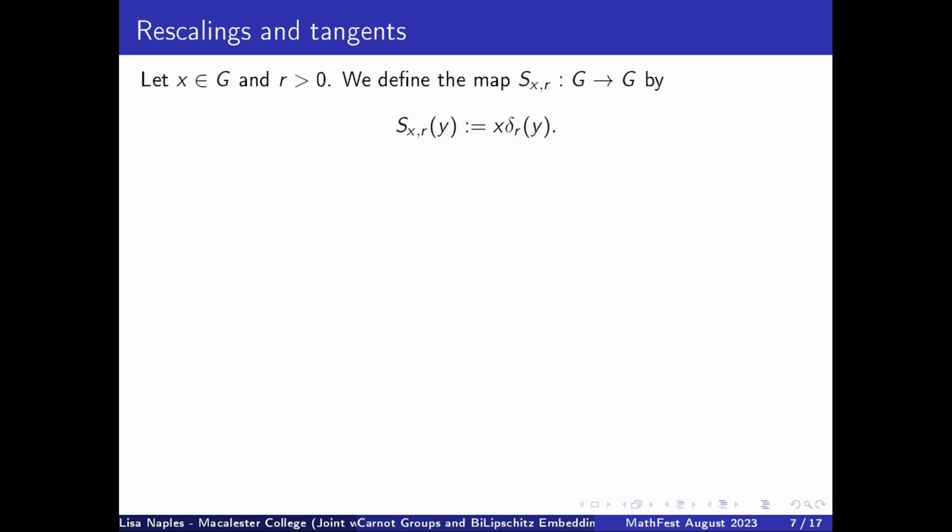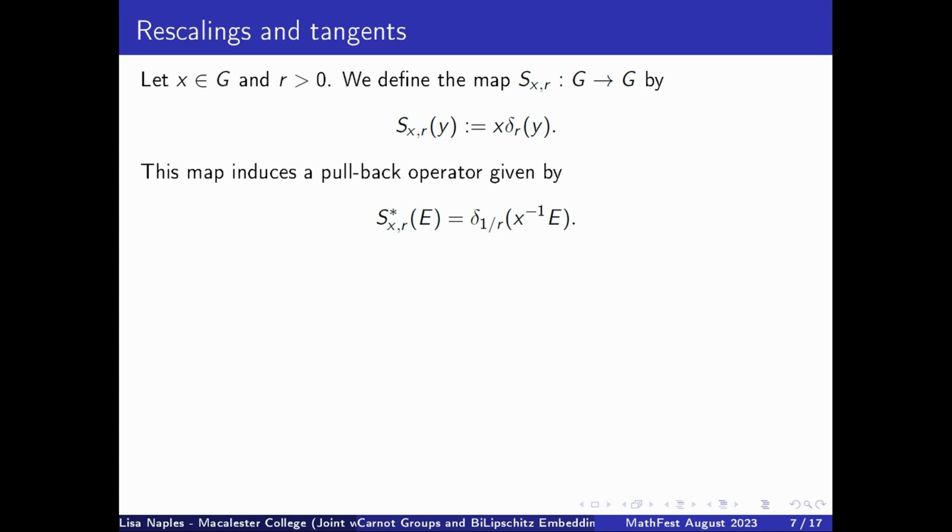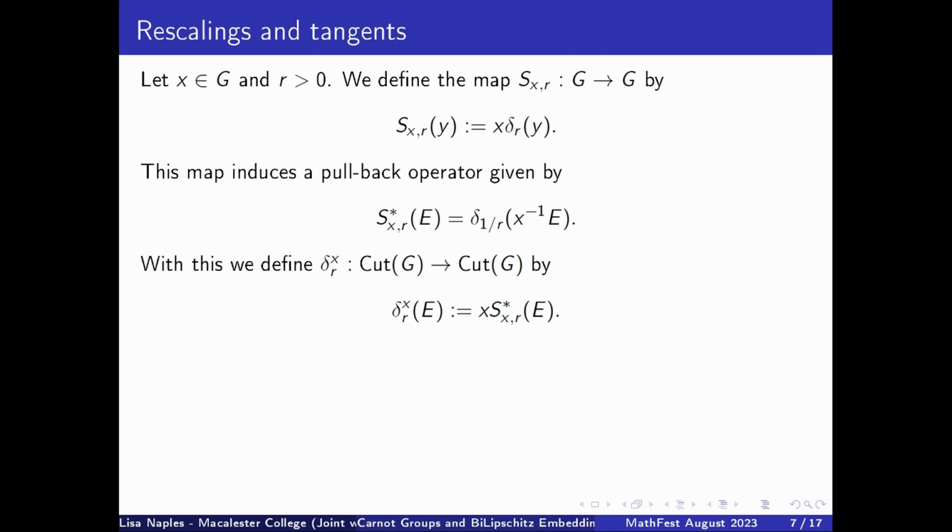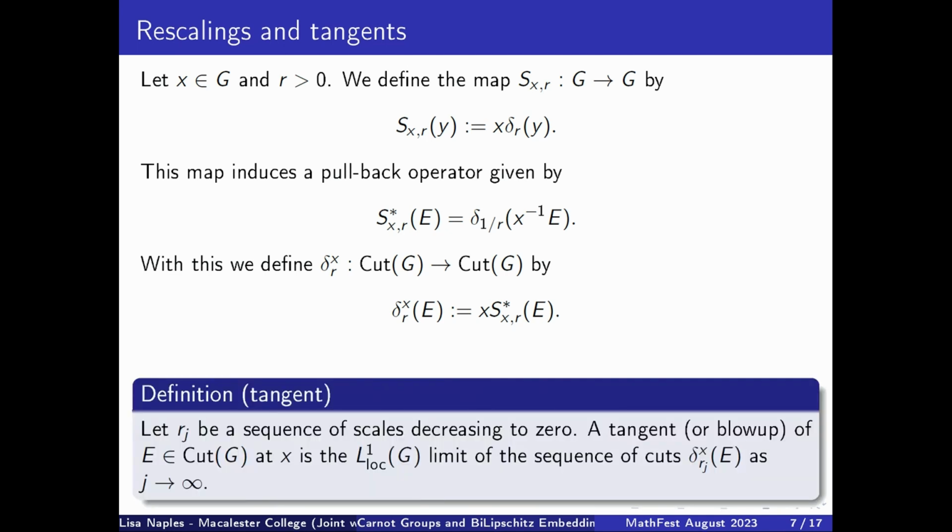Okay. We're going to want to look at tangents for our cut. And so here's just some things that say basically we can take tangents as we do in Euclidean space. So we can define a dilation map on G and then a translation as well. We are able to pull back this map. So here's the pullback definition. And then we work with this map to define our tangents.